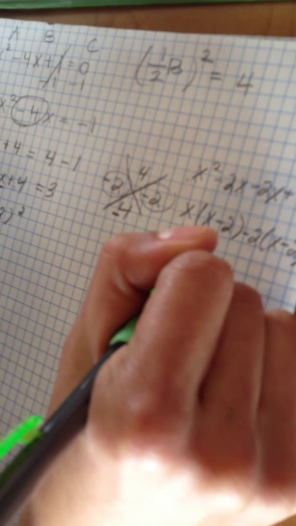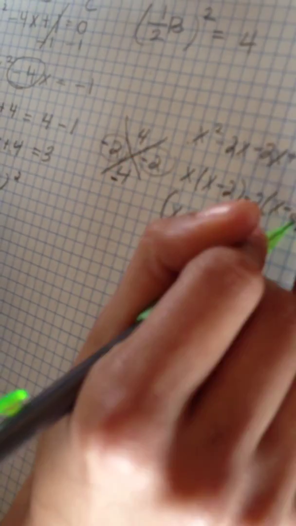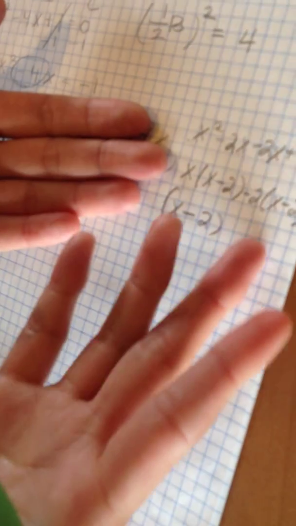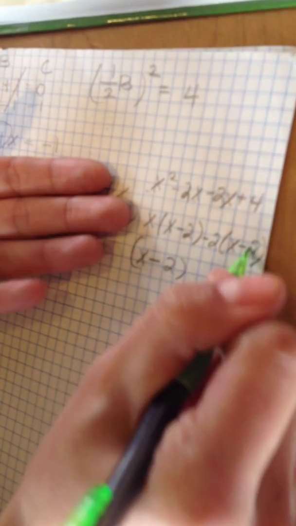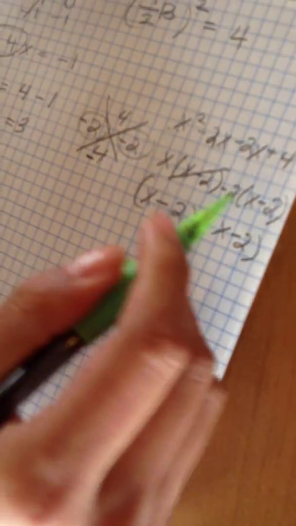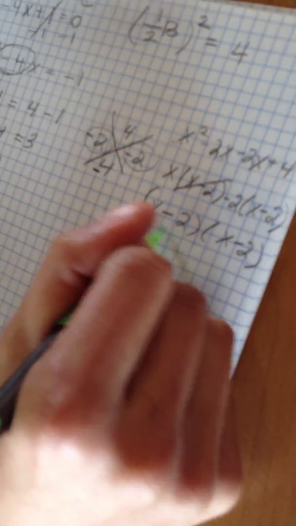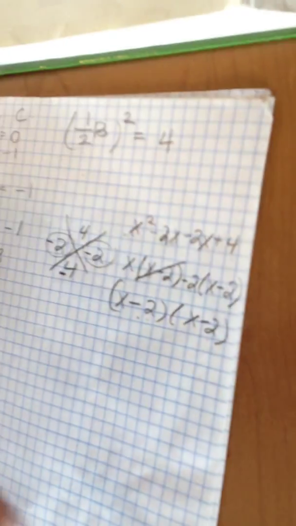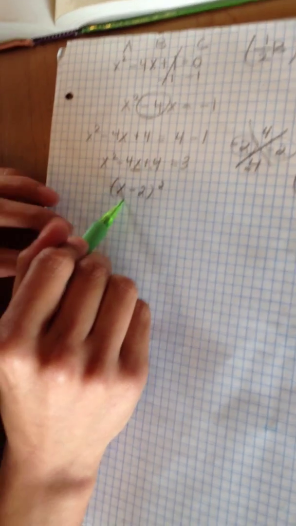So you're going to have x minus 2. And when factoring, if there are 2 of them, you have to get rid of one, so put it over here. You don't have to put 3 of them. These are rules of factoring. And because there are 2 of them, that's written the same as this. So this is why I wrote it like that.